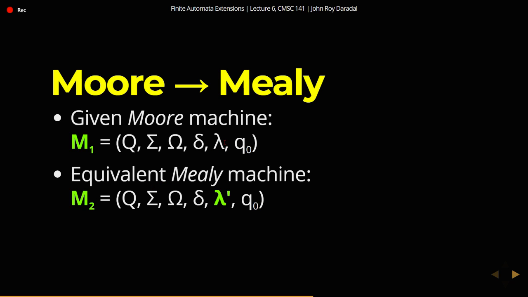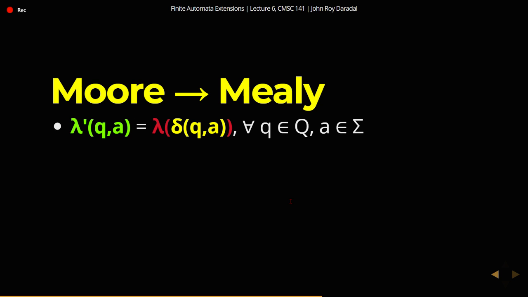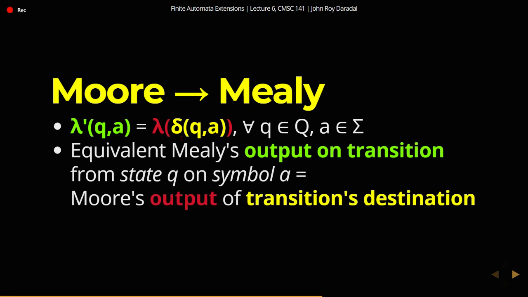And of course, that should be different because for Moore machine, the outputs are associated with the states, and here it should be associated with the transitions. Okay, so for the conversion of Moore to Mealy, the equivalent Mealy machine's lambda, so lambda prime of Q, A will be equal to the original lambda, then delta of Q, A. So that means, so what does this equation mean exactly?